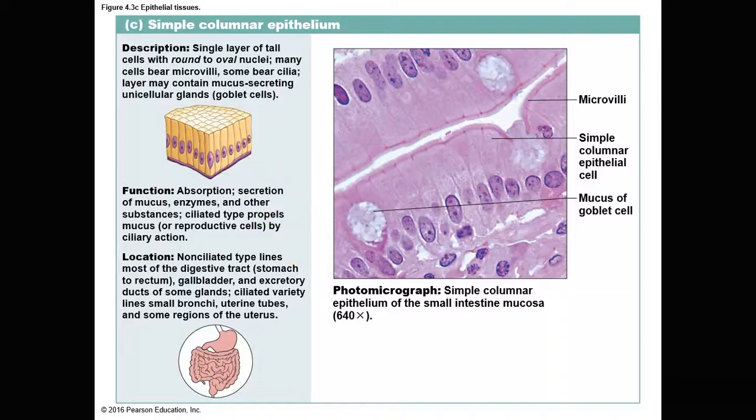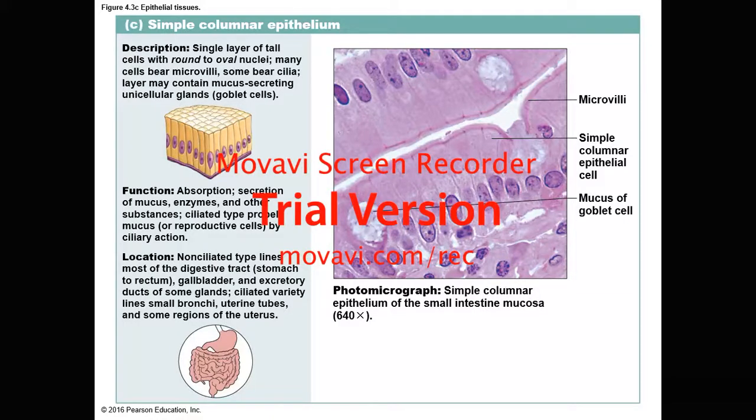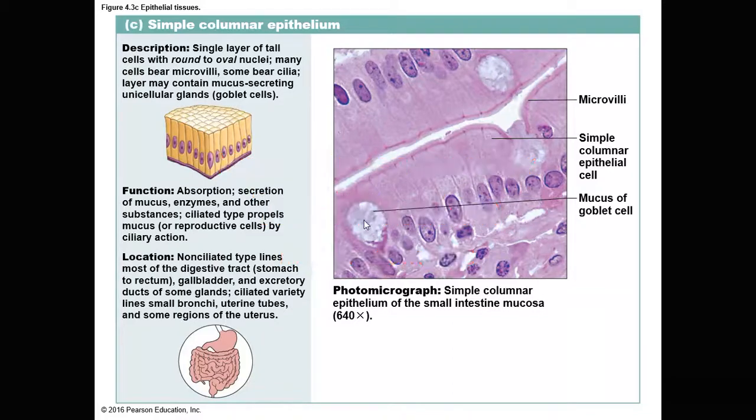And you can have some cells that bear cilia, and you can also have a mucus-secreting layer of goblet cells. These right here are your mucus-secreting goblet cells.